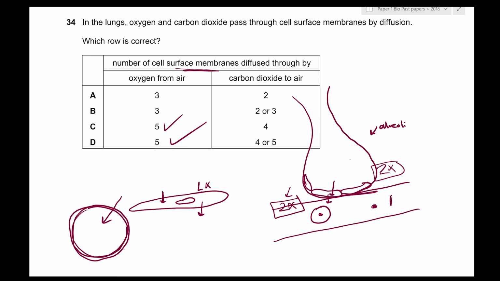So if it's in the plasma, it needs to pass through 4 membranes. But if it's inside a red blood cell, it needs to first pass through the red blood cell membrane, then the endothelial lining, and then the alveoli to the outside of the lungs. Therefore, if it's inside a red blood cell, it passes through 5. So here it could be 4 or 5. This is correct, and the answer must be D.